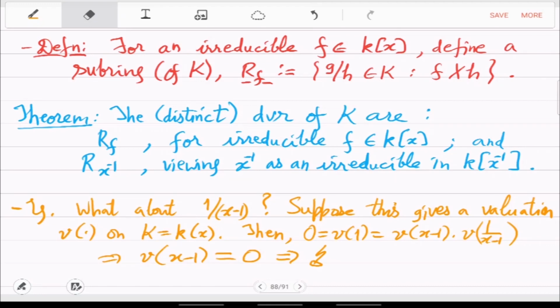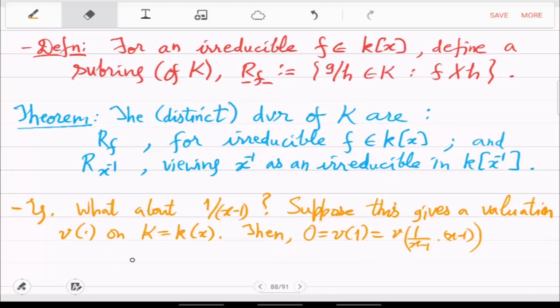Wait. So this is 1 over x minus 1 times x minus 1. On the product it is additive. So what you will get is actually a sum. And valuation here was with respect to 1 over x minus 1. So this is equal to 1 plus, yeah, something we don't know.